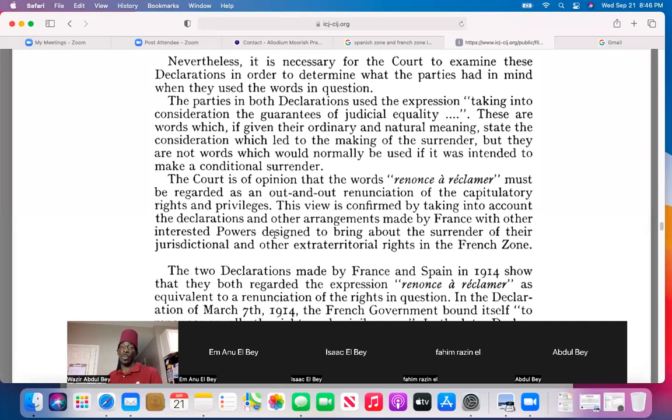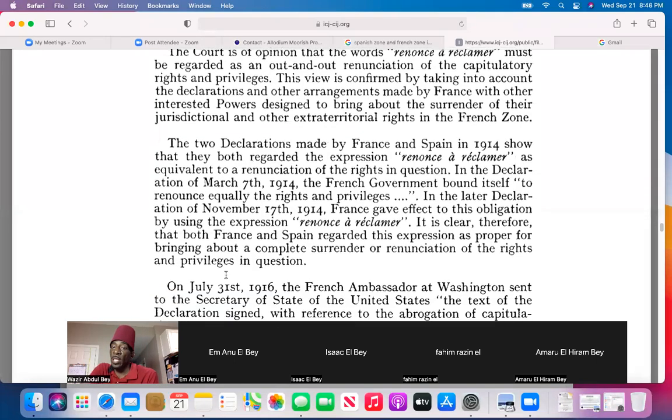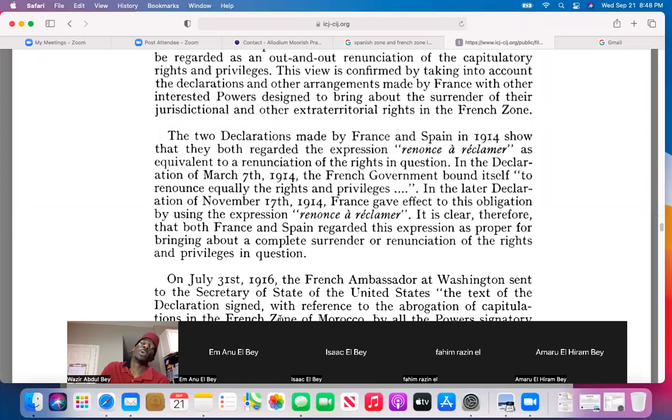This view is confirmed by taking into account the declarations and other arrangements made by France with other interested powers designed to bring about the surrender of their jurisdictional and other extraterritorial rights in the French zone. The two declarations made by France and Spain in 1914 show that they both regarded the expression renoncer à réclamer as equivalent to a renunciation of the rights in question.